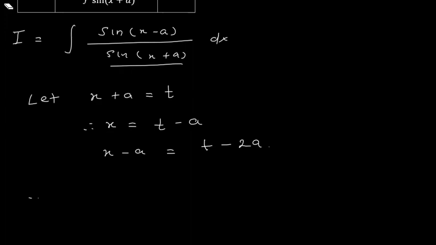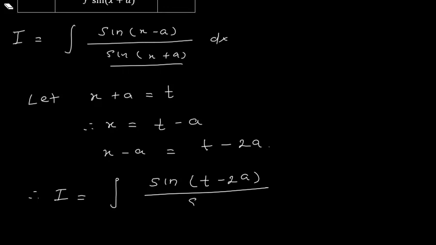So our integration will become the integration of sine of, in place of x minus a we will put t minus 2a, whole divided by the denominator, which is sine of t, into dx. From here we can say dx equal to dt. The derivative of a is 0, so simply I will write dt.